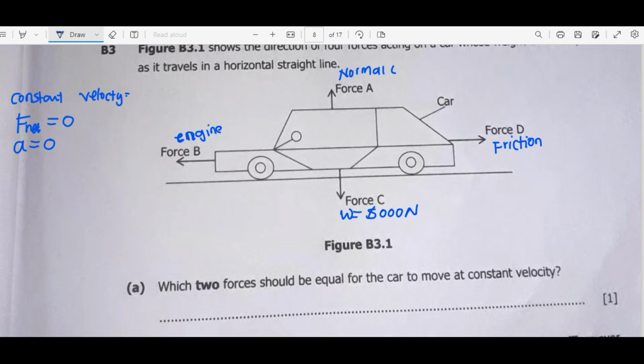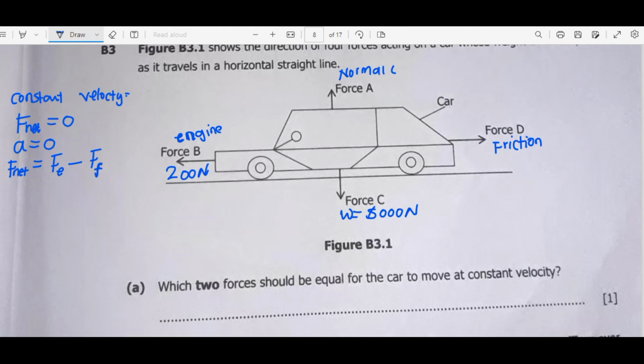So let's say the driving force is 200 newtons. So how can we produce a friction? What is the friction in such a way that this vehicle is moving with a constant velocity? So let's look at the formula. Net force will equal to force produced by the engine subtract the force produced by the friction.